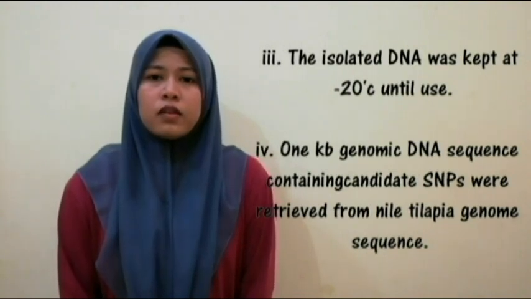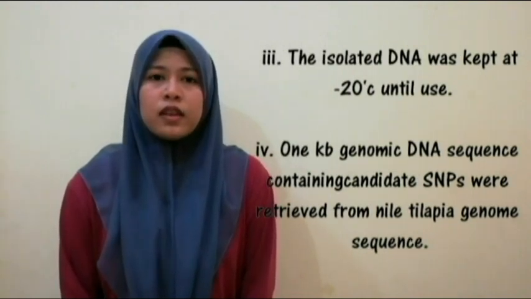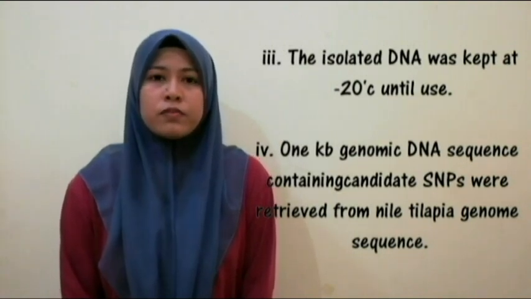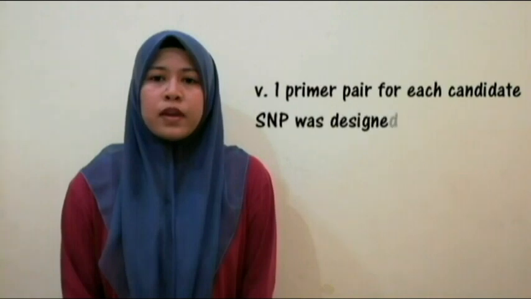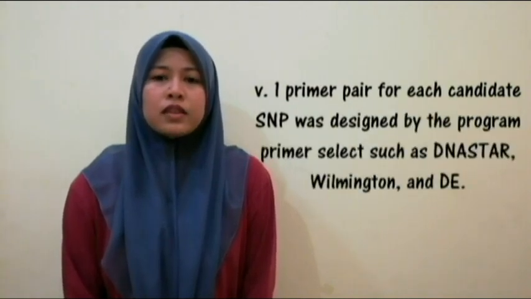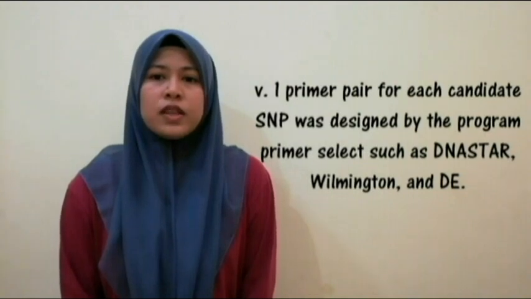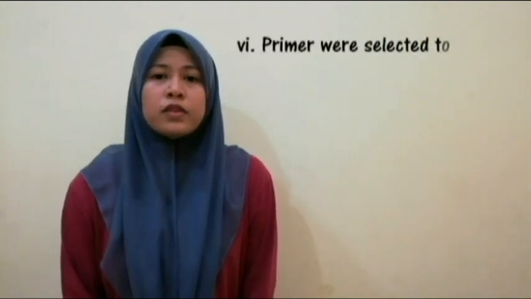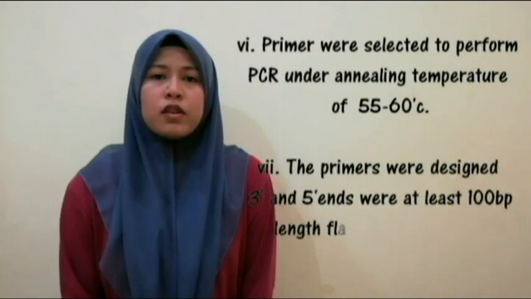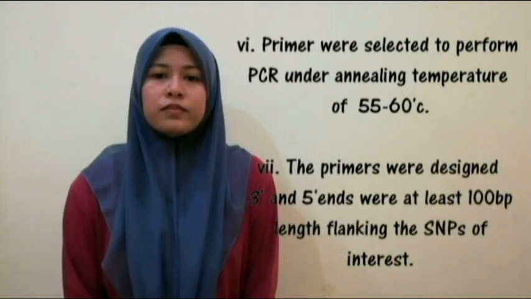Then, 1 kilobase of genomic DNA sequence containing each candidate SNP was retrieved from the tilapia genome sequence. 1 primer pair for each candidate was designed by the program PrimerSelect from DNASTAR, Wilmington, DE. Then, primers were selected to perform PCR under an annealing temperature of 55 to 60 degrees Celsius.